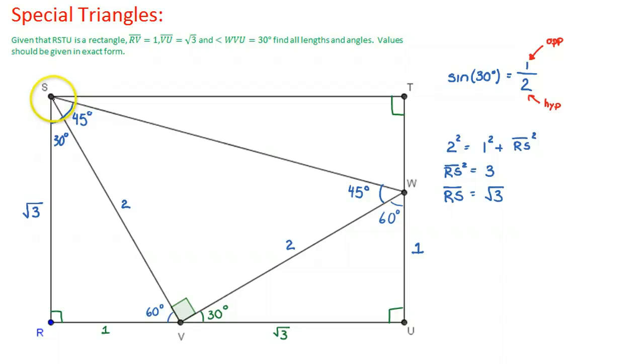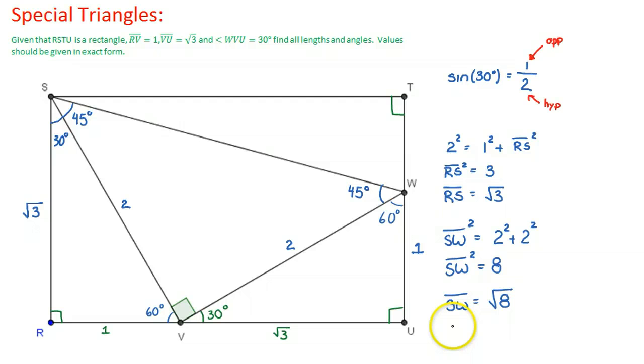Well, I could actually figure out SW now using Pythagoras' theorem. So we're going to say SW squared is equal to 2 squared plus 2 squared. So SW squared is equal to 8. So SW is equal to root 8.